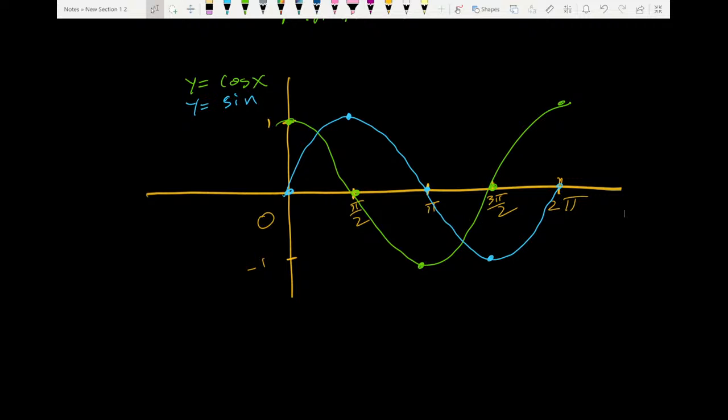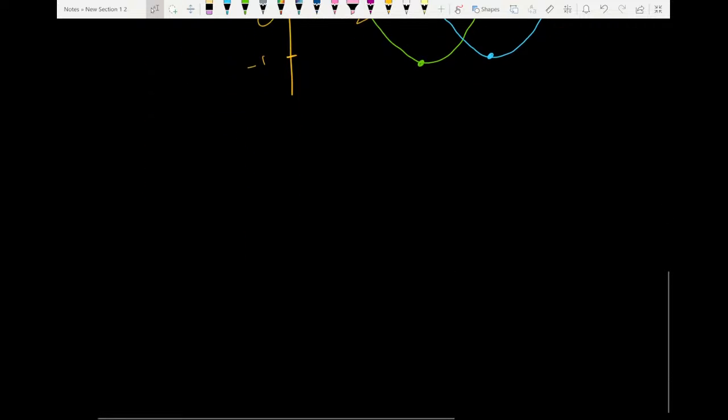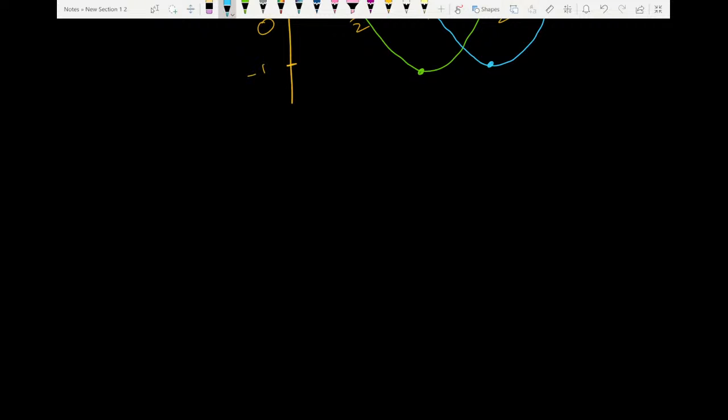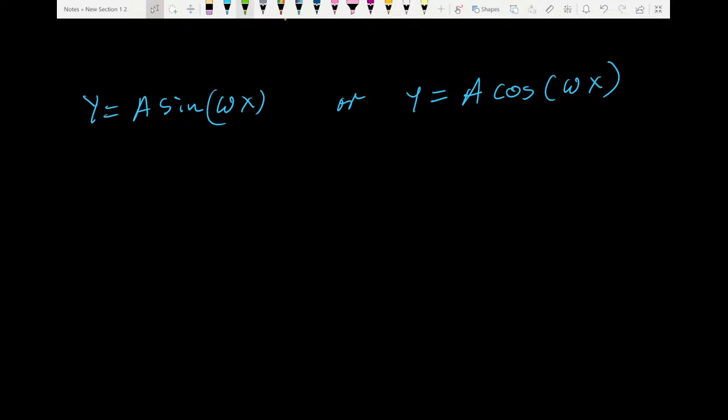So let me give you the general form, what it looks like. If I give you something like y equals A sine of omega x, or y equals A cosine of omega x, what it tells you is that the absolute value of A is the amplitude.